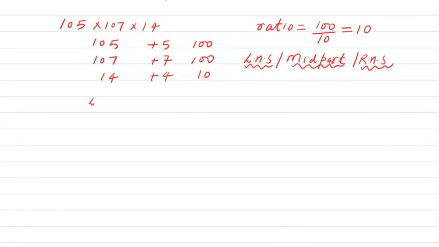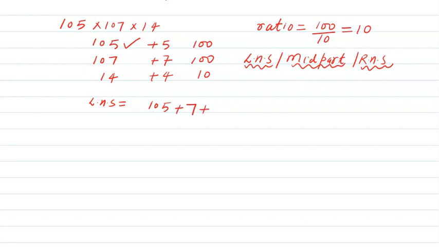So first let us calculate the left hand side part. So what we do, we take any of the numbers, like if I suppose take 105, then I look at the other two surplus numbers. So what I do, I write 105 and then we add this surplus number, that is plus 7 plus.